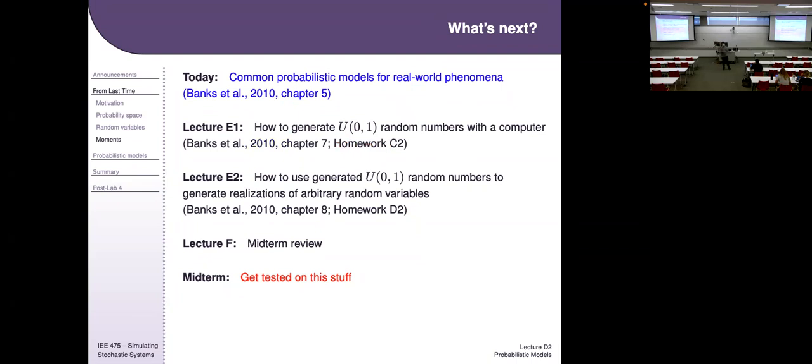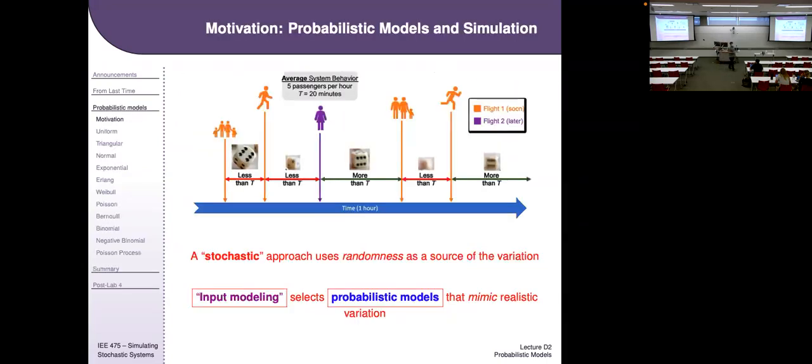That's like your homework C. And then in the lecture after that, how to use the numbers we've generated to generate arbitrary random variables like the ones we're talking about here today. That brings us to the end of the content pre-midterm. So we'll have the midterm review lecture, and then the 2-stage exams after that. So that's the plan going forward.